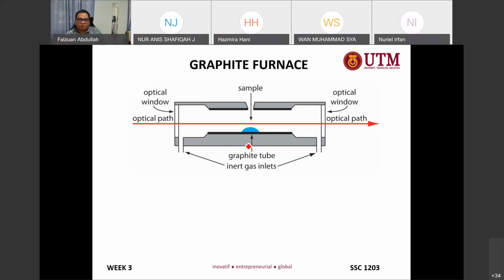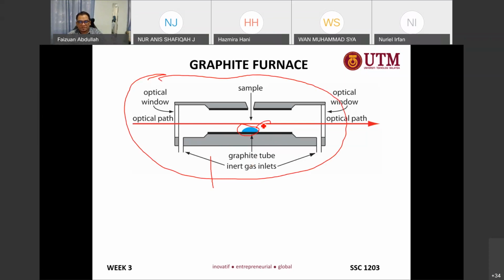So we need to contain the sample in a small tube so that it will not evaporate out. We need a graphite furnace here. We need a small amount of sample. It will burn, surrounded by heat, and vaporize inside the tube, so it will not come out.